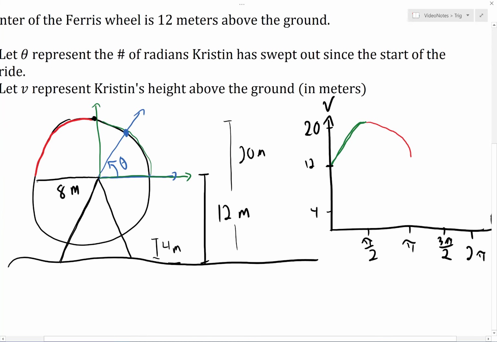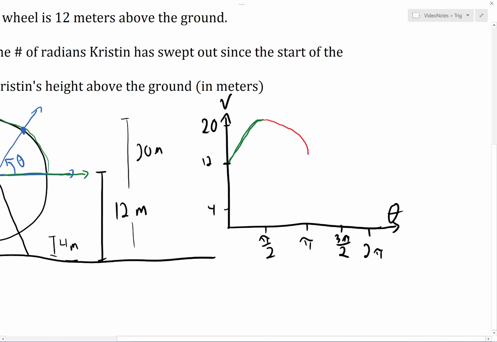Then, as theta increases from pi to 3 pi over 2, Kristen travels along this arc. Her height starts at 12 meters and decreases until she hits a height of 4 meters above the ground. So as theta increases from pi to 3 pi over 2, v decreases from 12 to 4. This part of the graph looks something like that.